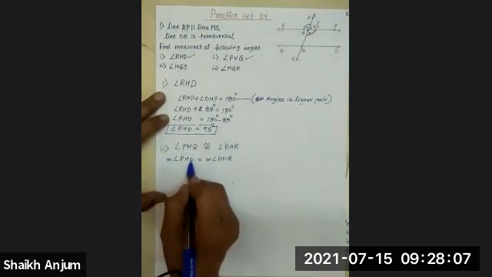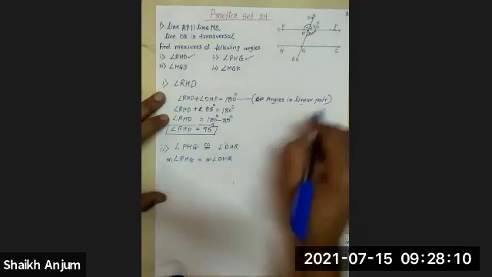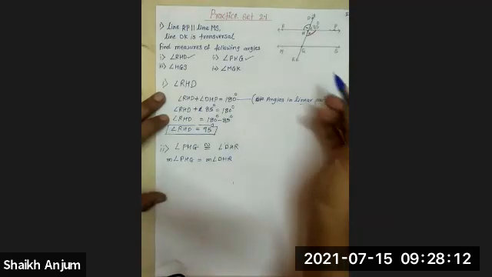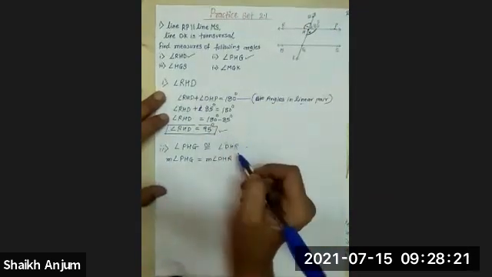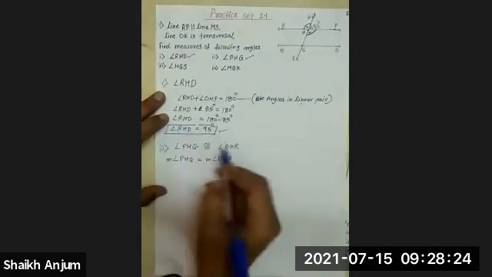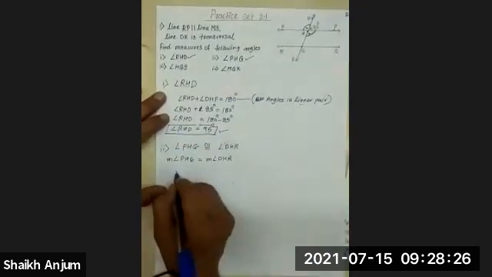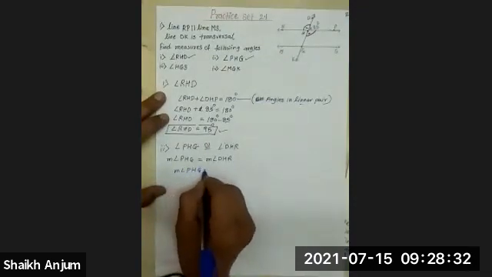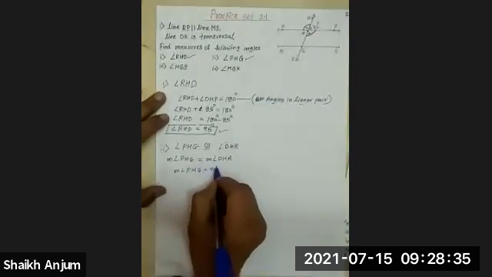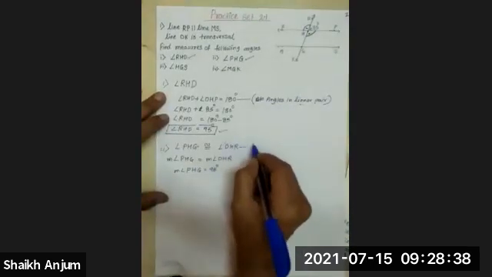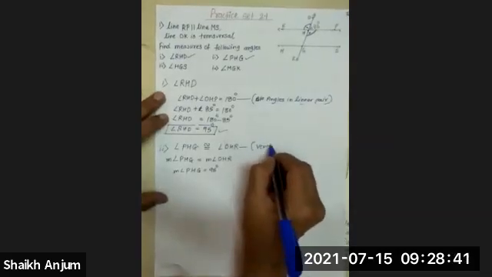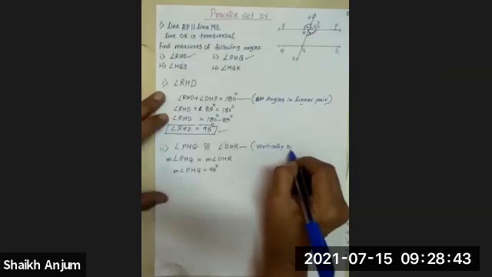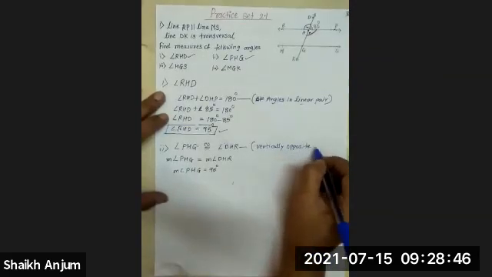DHR is 95 degrees, we found it already. Therefore measurement of angle PHG will also be 95 degrees. And for this step we will write the reason: vertically opposite angles.